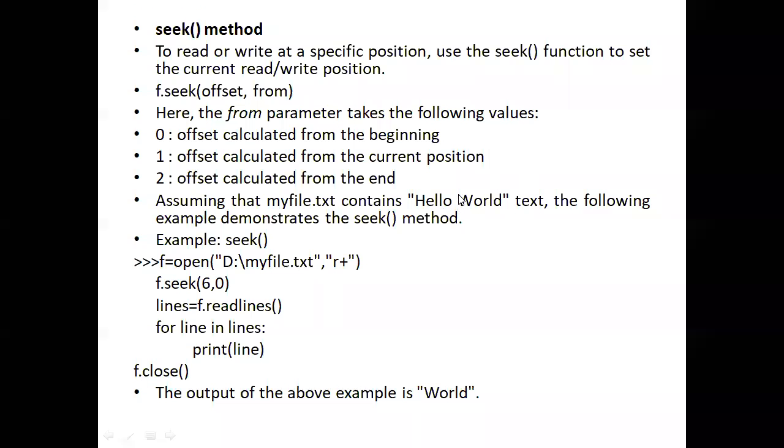From byte 6 it will read. 0 indicates it is calculated from the starting position. And then afterwards I am reading with the help of the readlines method. Whatever you want, you can read.